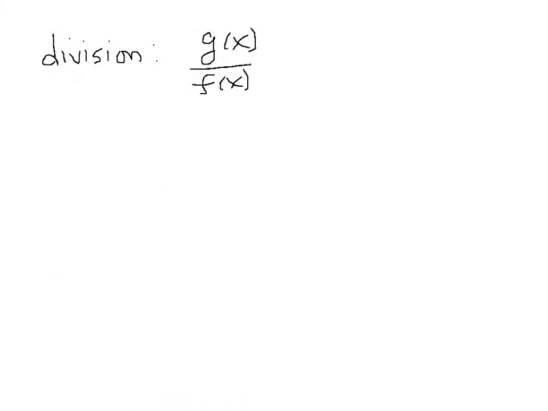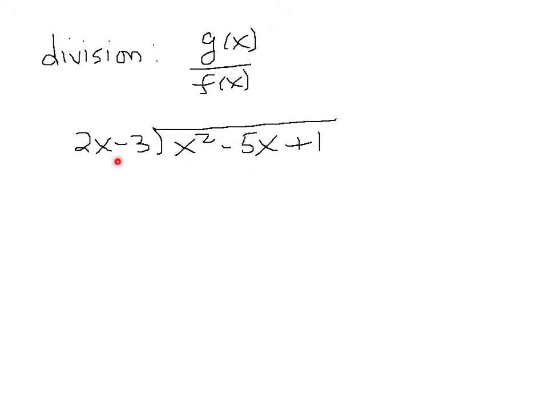So suppose we're looking at g of x divided by f of x. So we write that like this: 2x minus 3 into g of x, which is x squared minus 5x plus 1. Now let's remember how we do this. First we divide 2x into x squared. This was probably not the best example, but hey, sometimes that's the way it works.